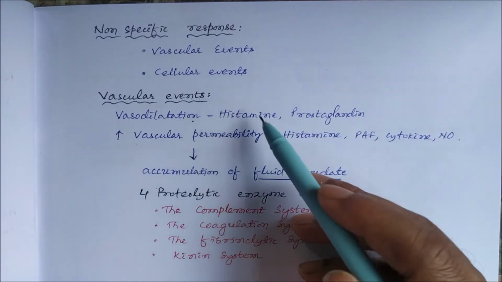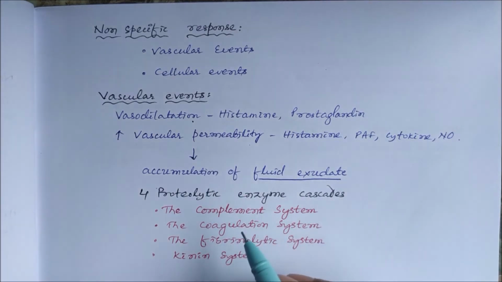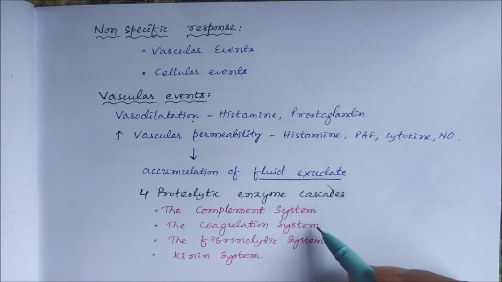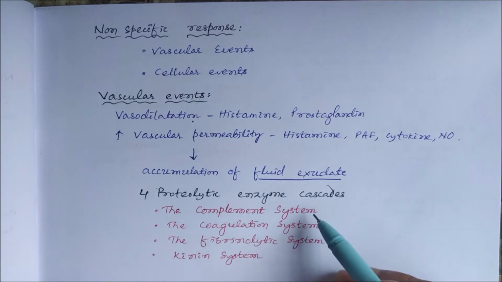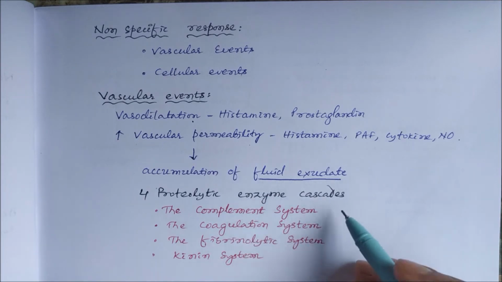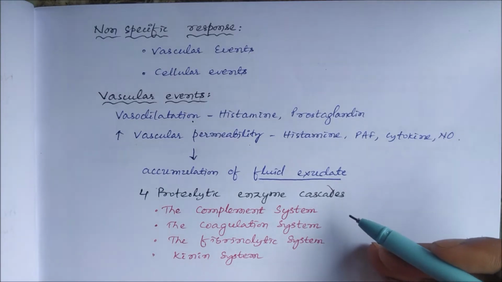Because of this, there will be accumulation of fluid exudate, which contains 4 proteolytic enzyme cascades: the complement system, the coagulation system, the fibrinolytic system, and the kinin system. The coagulation, fibrinolytic, and kinin systems support the complement system, and the complement system is the main system involved in eliminating the foreign pathogen or the bacteria.